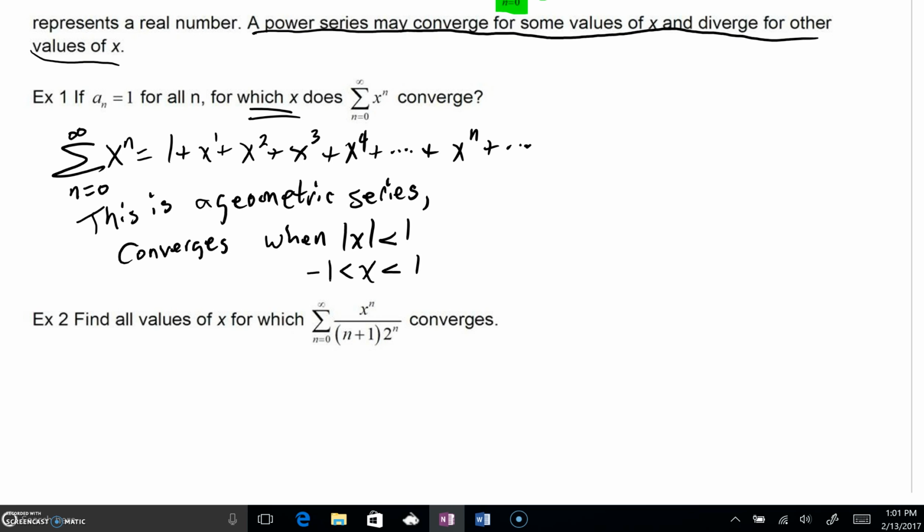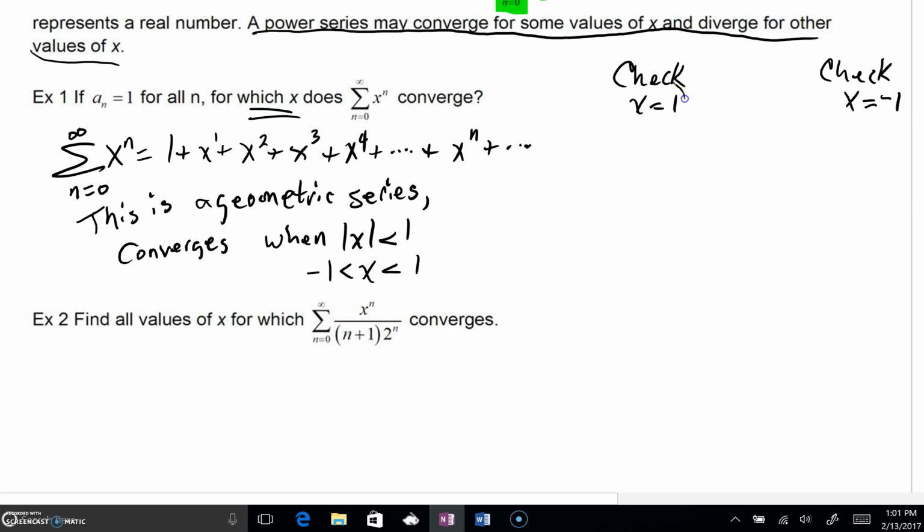I want us to check x equals 1. Then I also want us to check x equals negative 1. By the way, we're always going to do this. When you get an inequality where x is between two values, we're going to go a little bit further and say what's happening here.